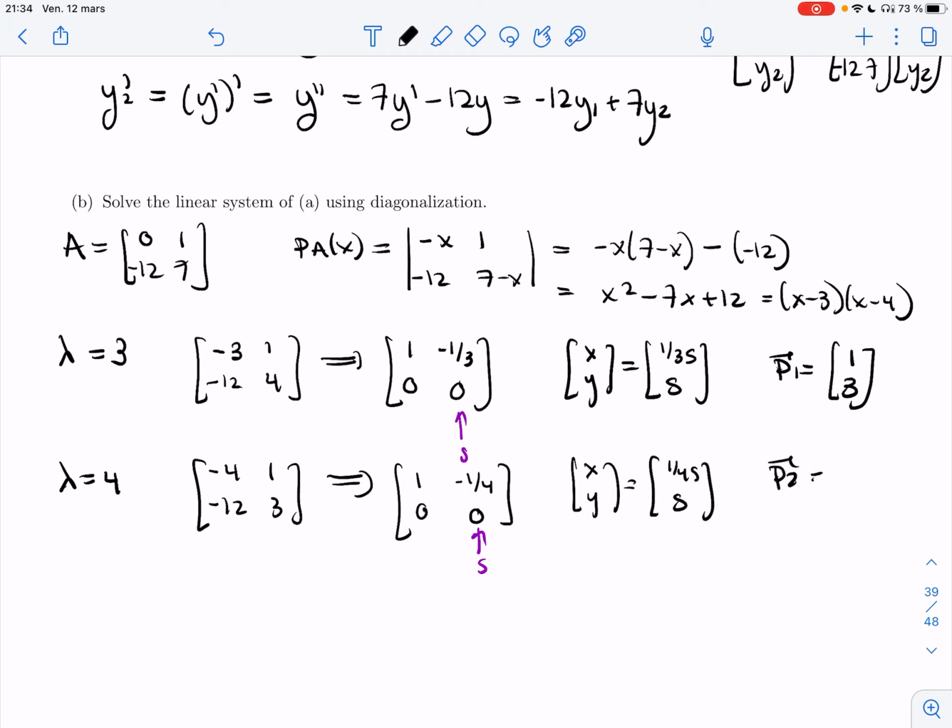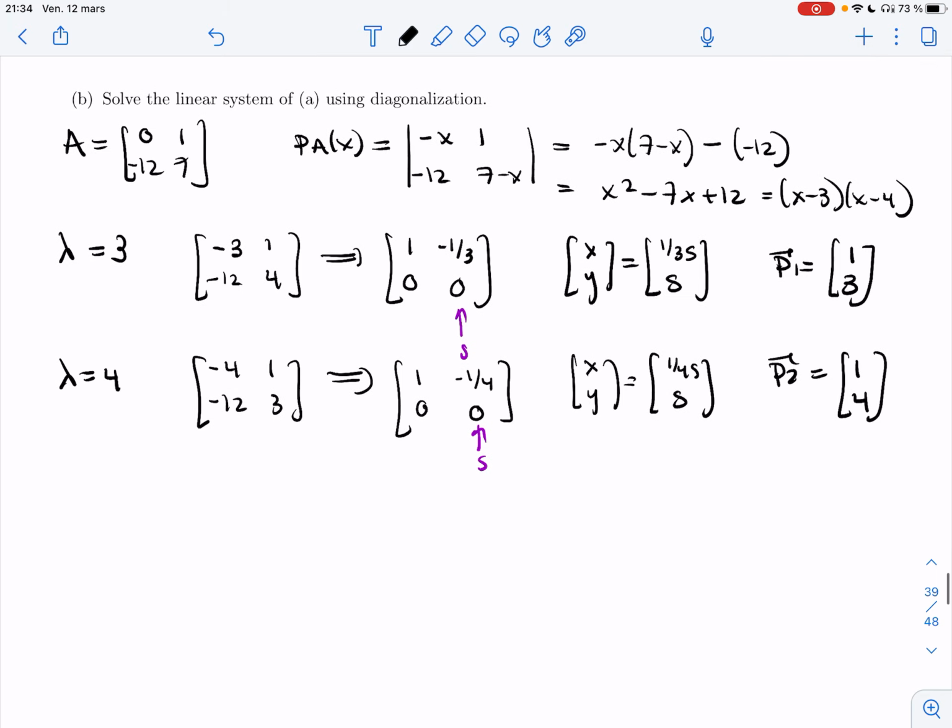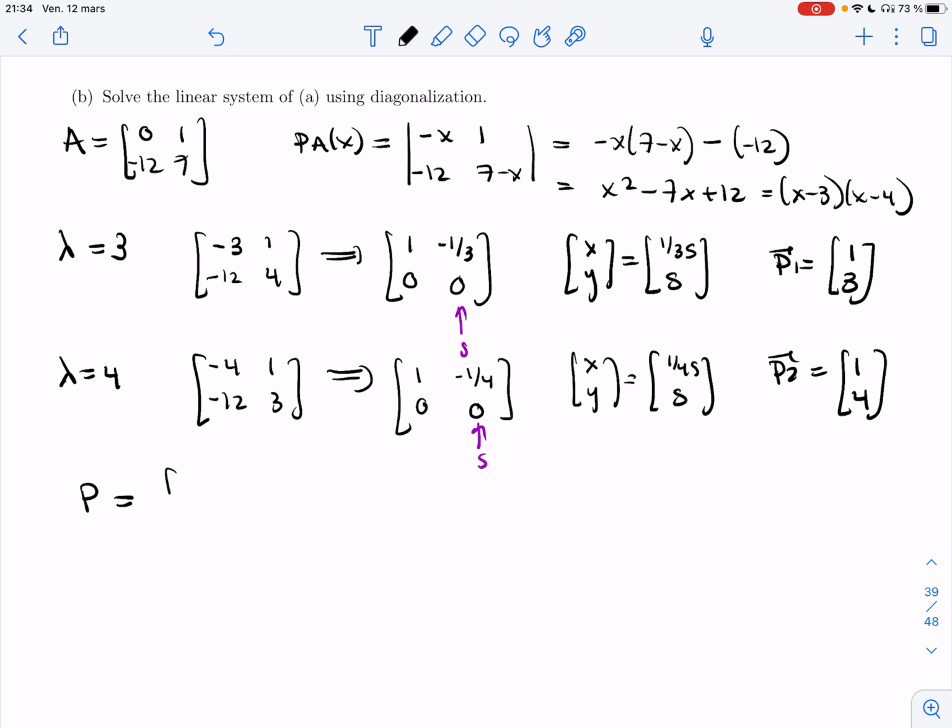I'm going to take s equals 4, and I'll get 1, 4. All right, so that means my matrix P is 1, 3, 1, 4, and the diagonal matrix will be 3, 0, 0, 4.